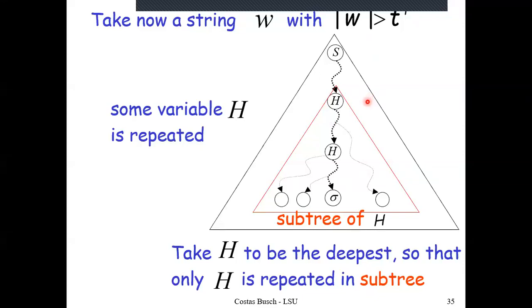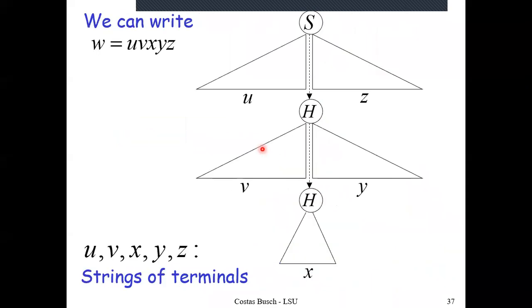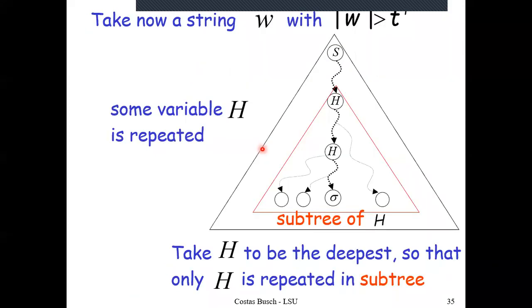And the pigeonhole principle says that one of the variables is bound to be repeated. Then I say I am going to select that variable, or repetition of that variable, which is the deepest one. So I have this structure with me, which I have already discussed with you guys, and that structure is okay.